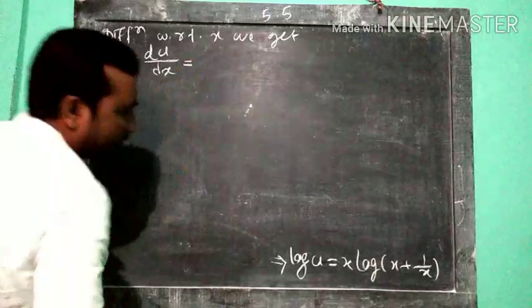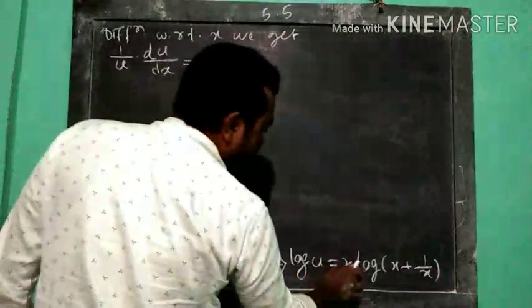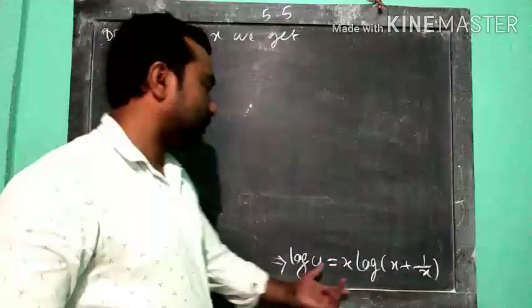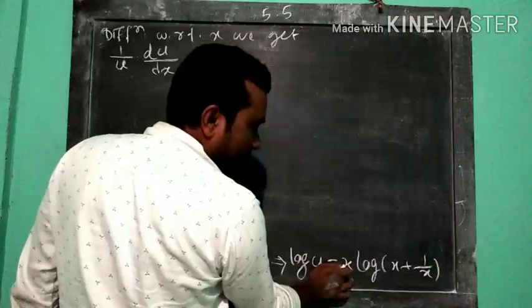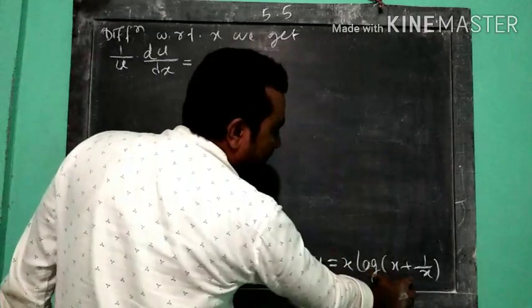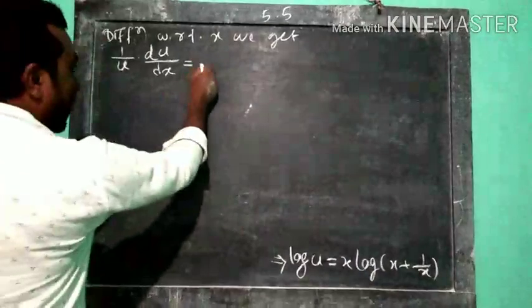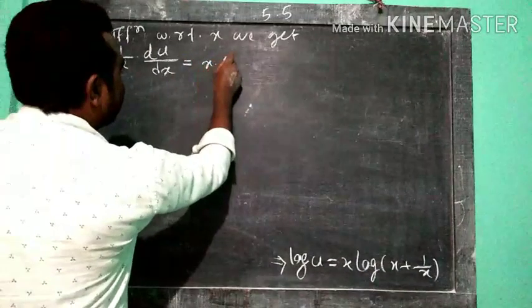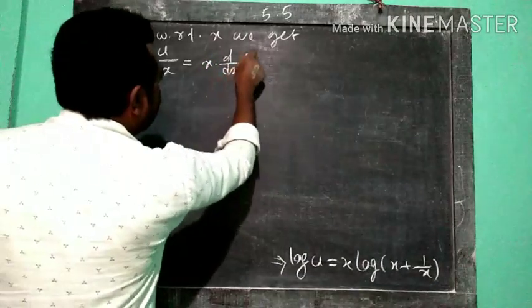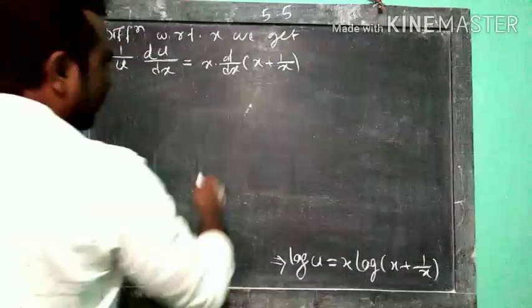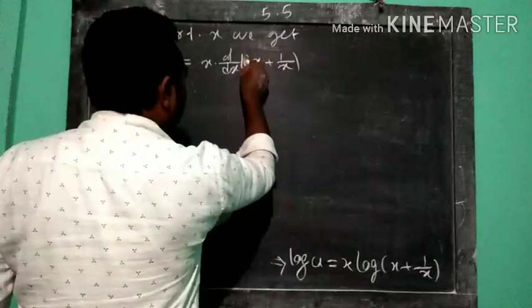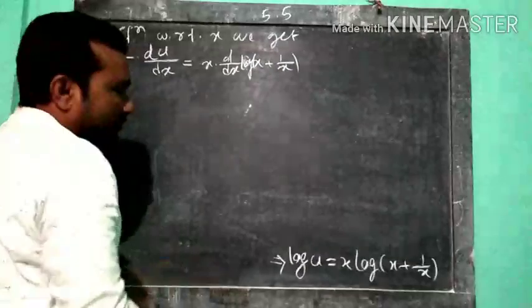This is equal to x into log of (x plus 1 by x), using the product rule, where the first function is x and the second is log of (x plus 1 by x).